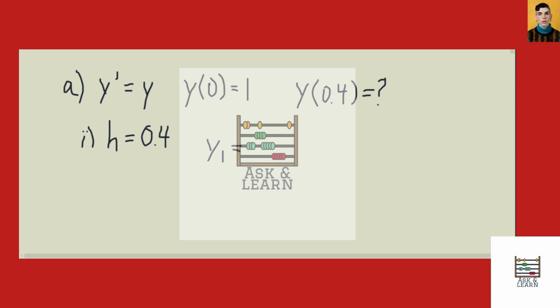Y0 is the same as y of 0, or 1, plus a step size h times our function y evaluated at the point 0, 1, which is simply 1. This is equal to 1 plus 0.4, or 1.4.